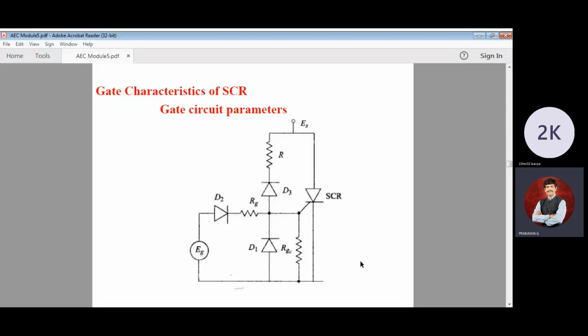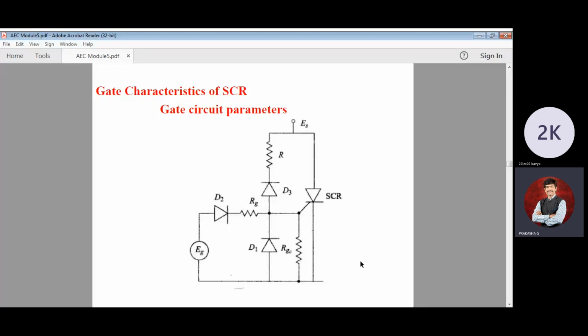Now assume that current is coming here. There may be a chance of a negative current coming through the cathode, and it may enter your IG. To avoid that negative current, because this IG is coming here, I am going to use D1.